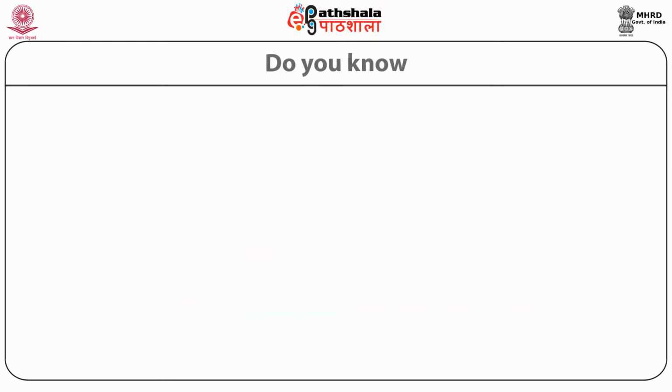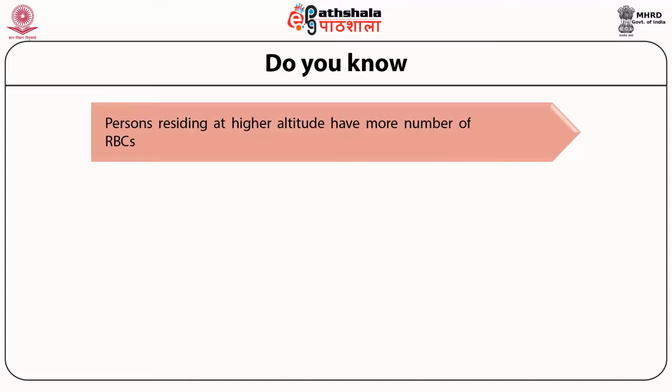We continue with interesting facts about RBCs associated with nanoerythrosomes. People who reside at higher altitudes have more RBCs. Sometimes people have anemia. They are suggested to go to higher altitudes to raise the number of their RBCs, because they have to cope with the deficit of oxygen at higher altitudes.